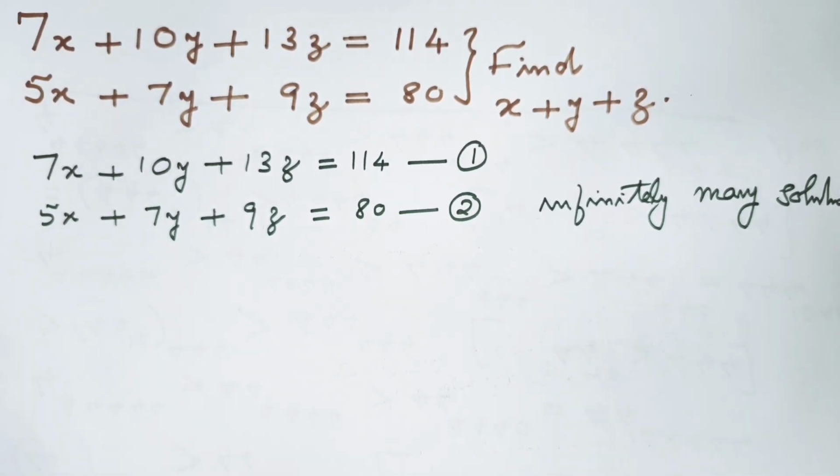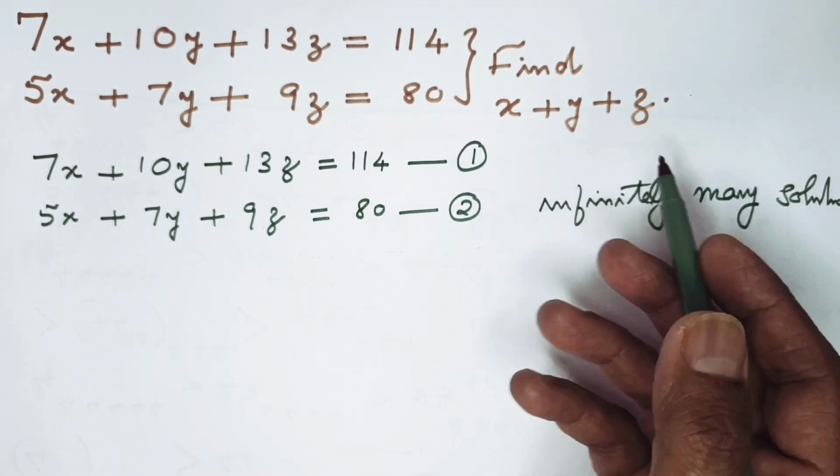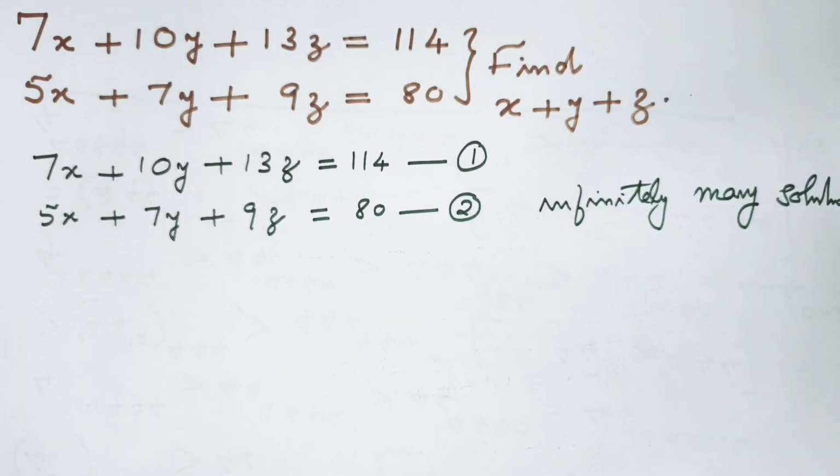Now the only other way which might work is by manipulating the given equations and getting to the value of x plus y plus z directly. I will show you that. But before looking at that method, even that method does not necessarily work in all cases. Since you're asked to find out the value of x plus y plus z, there is a chance of that method working.